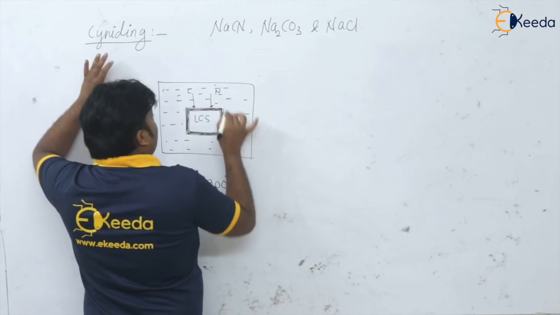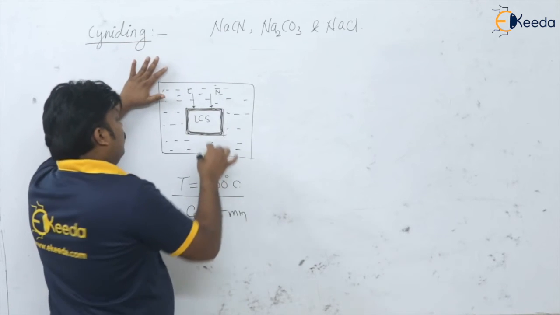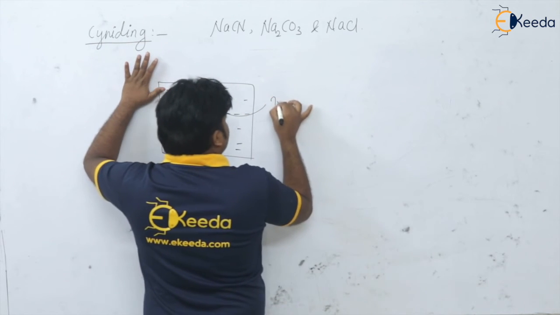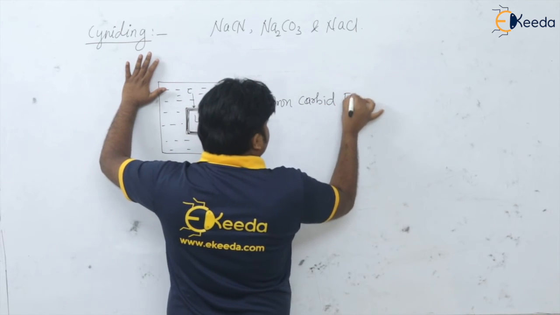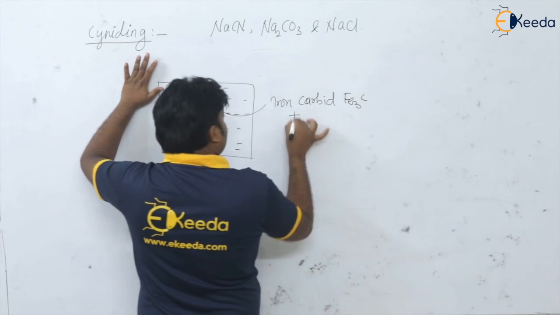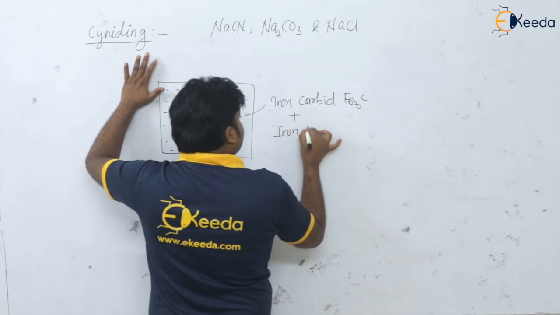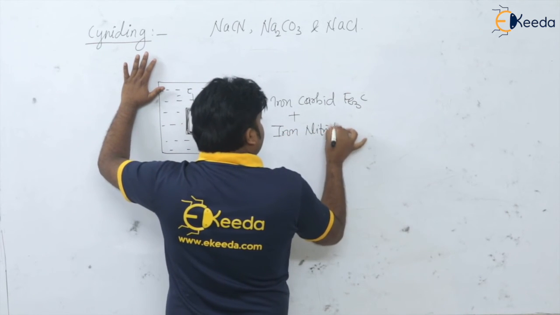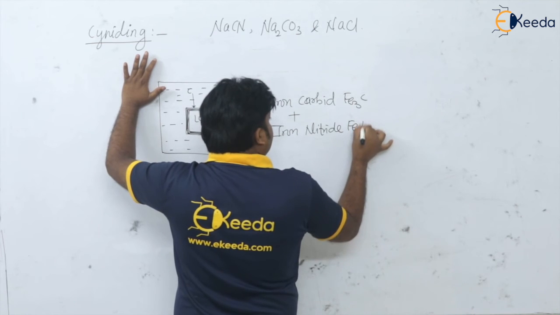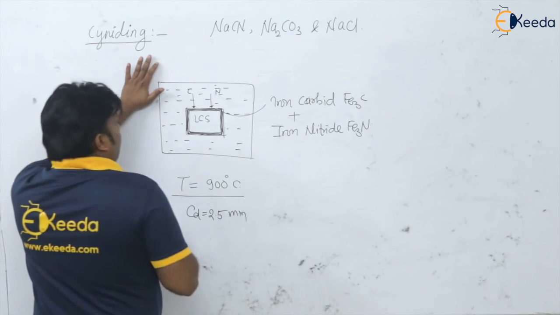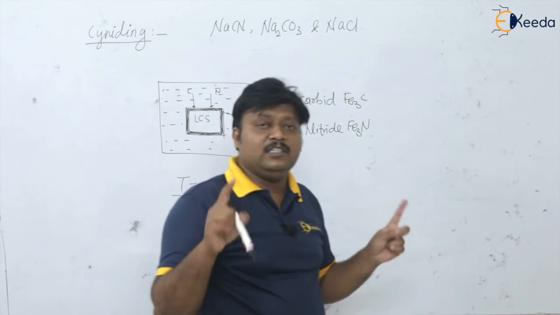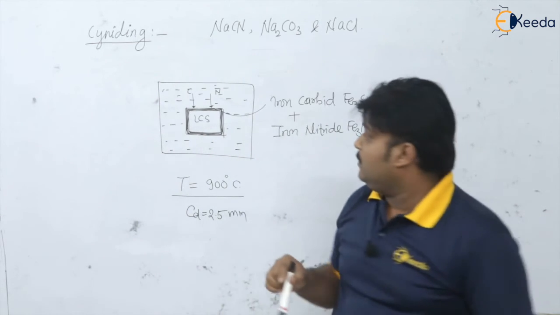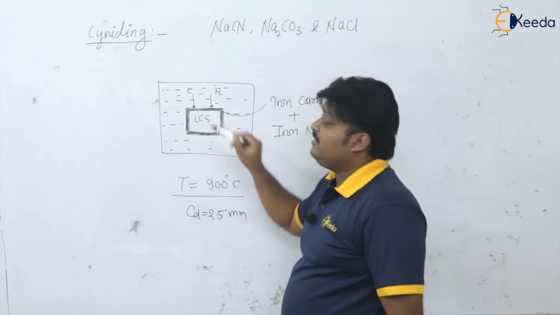And what will this form? On this layer we are going to get iron carbide, that is Fe3C, and iron nitride, that is Fe3N. In this way we have an increase in the hardness on the layer of this specimen in cyaniding.